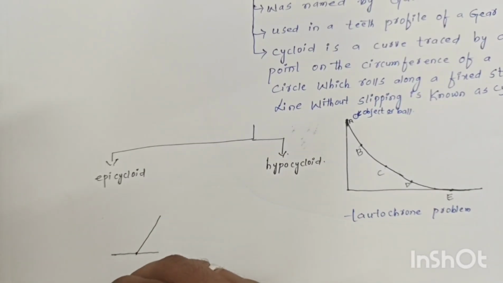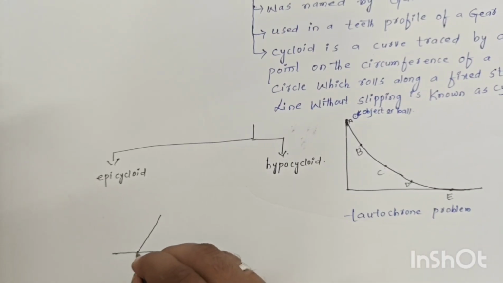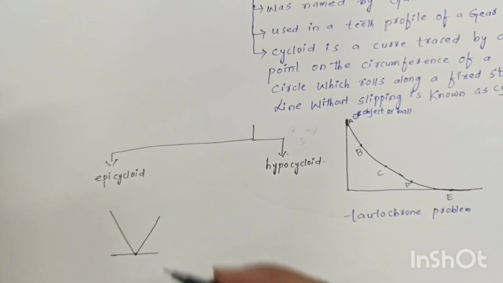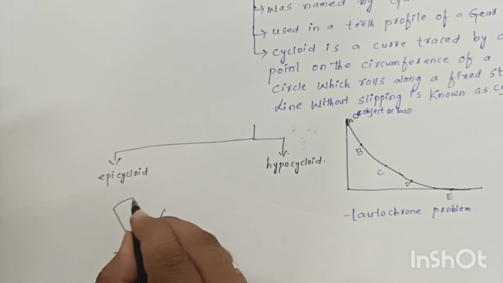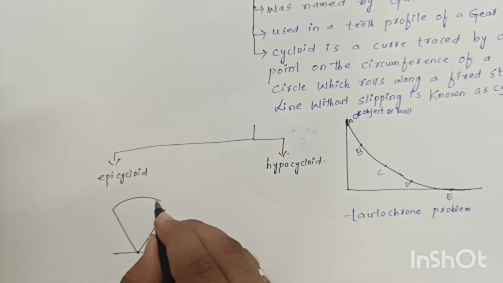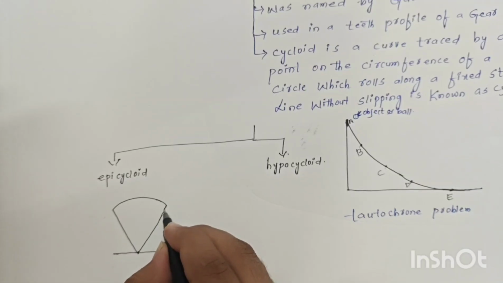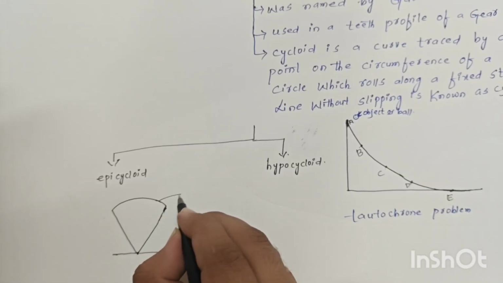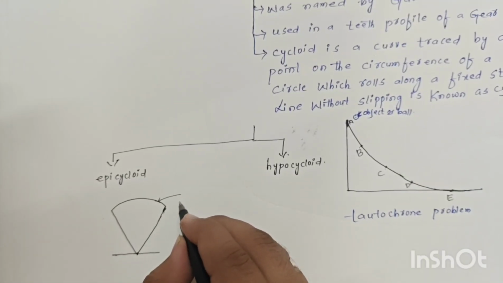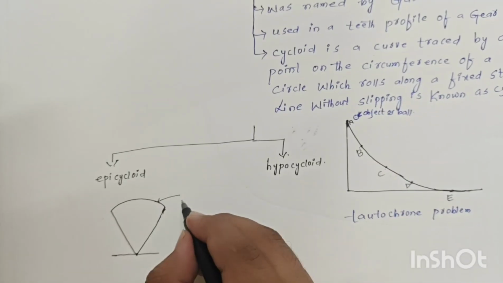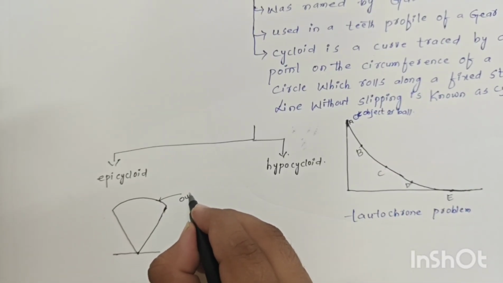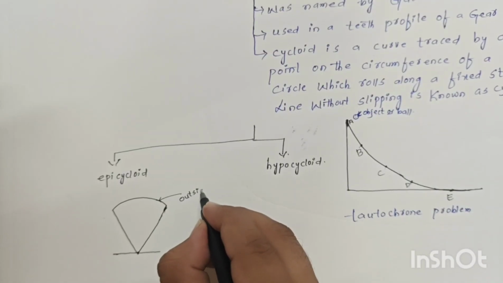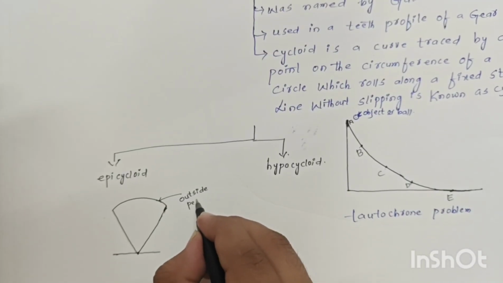This line is called the slant edge line, or you can say outside lines, and this arc is called the outside periphery.